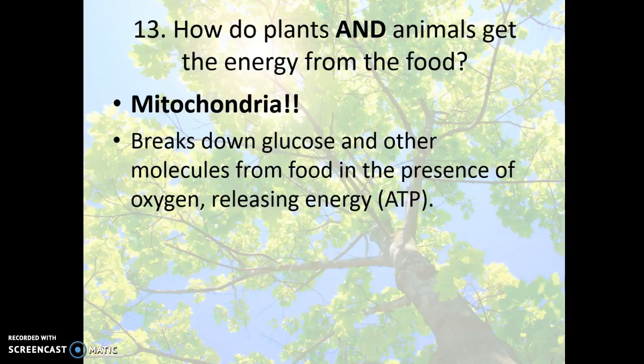How do plants and animals get the energy from the food? You guys know this, the mitochondria. The mitochondria takes the glucose that we just ate and other molecules from the food in the presence of oxygen and releases energy called ATP. So the mitochondria needs glucose and oxygen in order to make ATP.